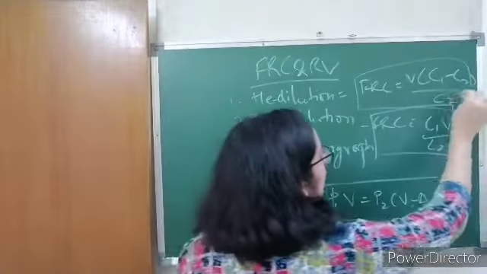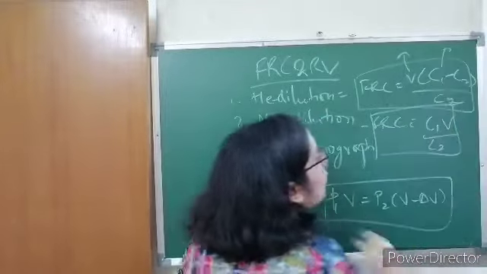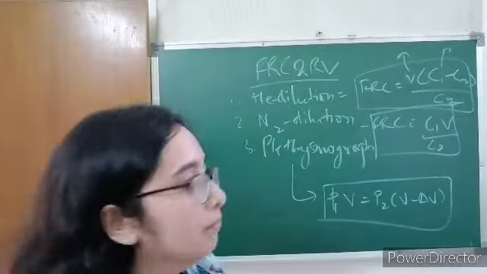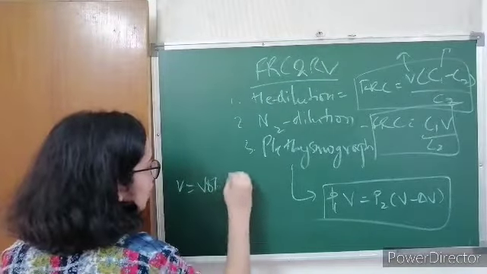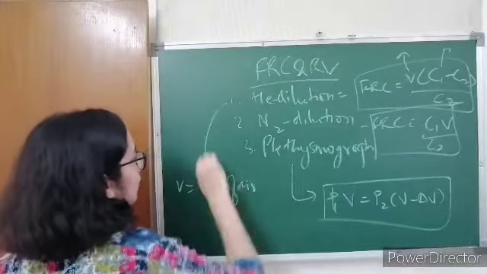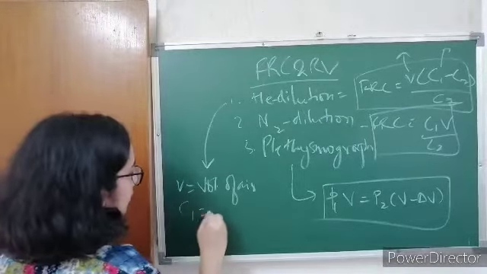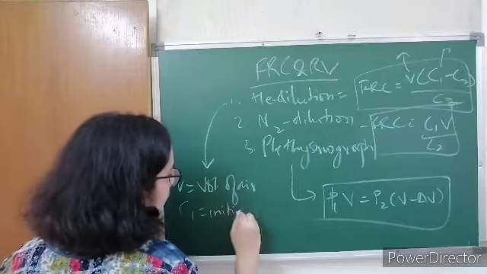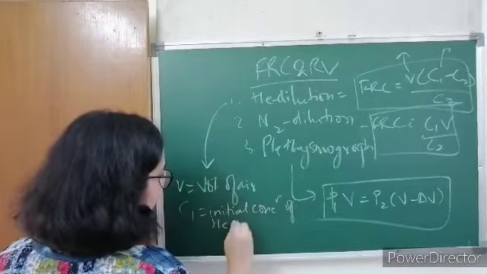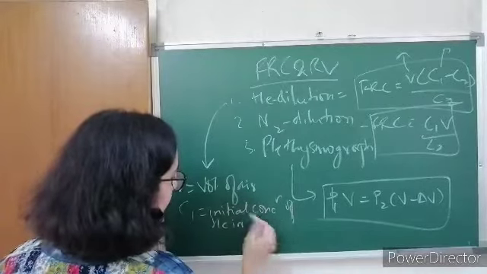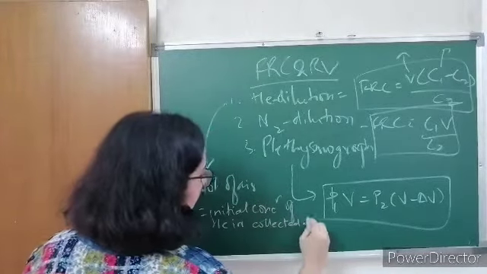So here V is the volume of air, and C1 will be the initial concentration of helium in the collected air.